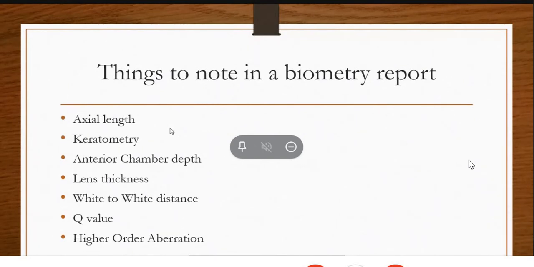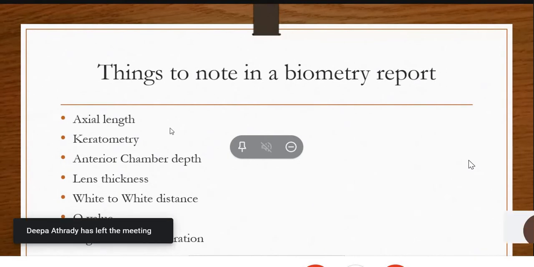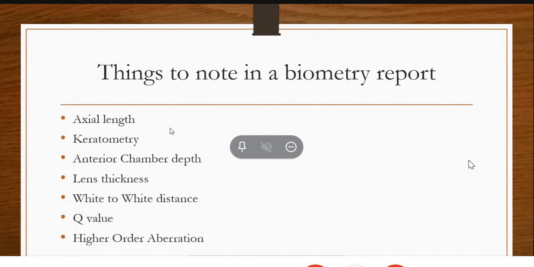Whenever you are going to measure the axial length or the keratometry values for a post-LASIK patient, or in cases of PK, corneal refractive surgery, or post-corneal transplant patient, in those cases you want to have a look at this Q value and higher order aberration value.